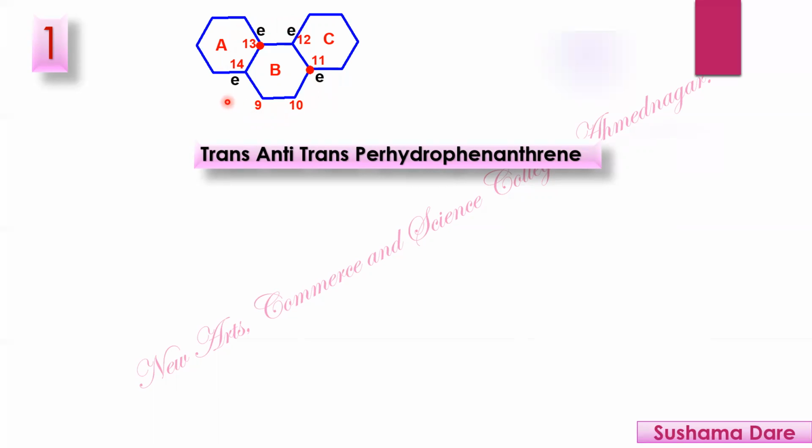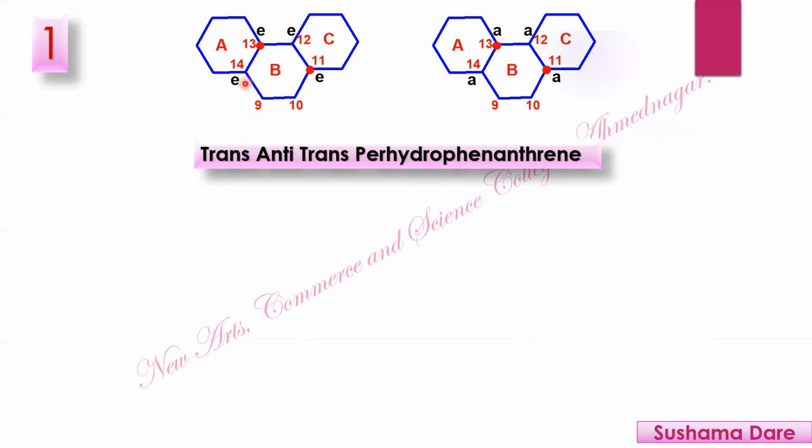The other possibility: instead of starting with equatorial, I can also start with axial and see what it gives. If I start with axial, it is trans, no change. Again it is axial. It is anti, again no change, axial. This one is trans, so no change.